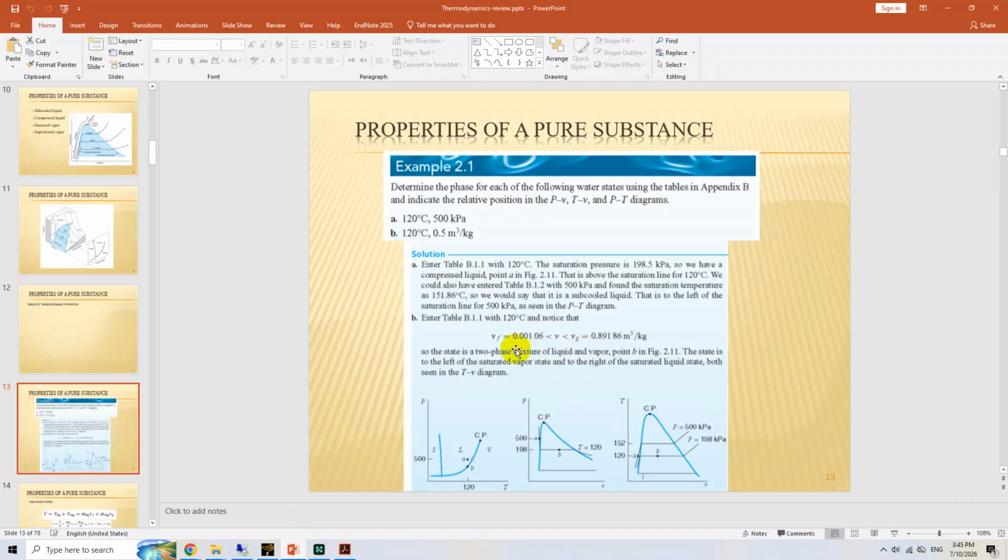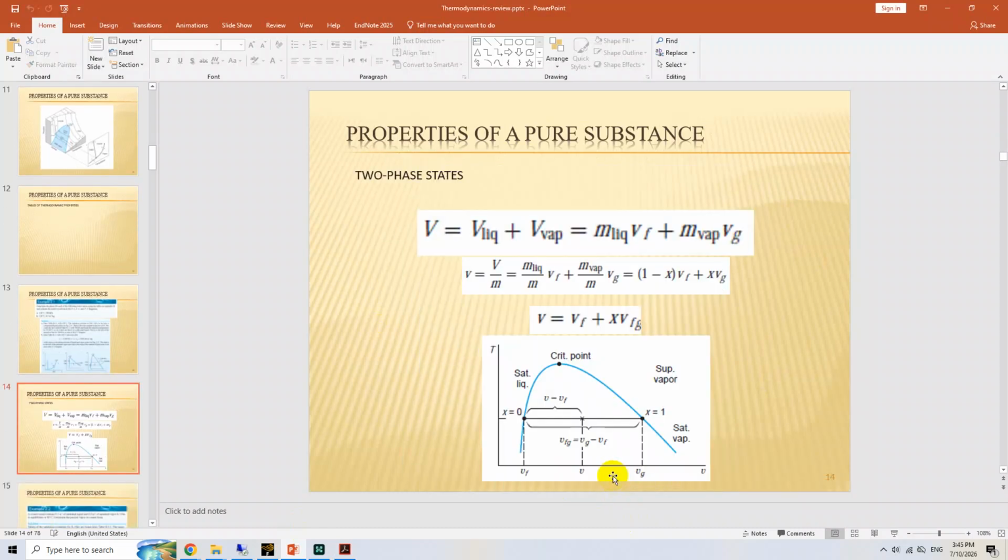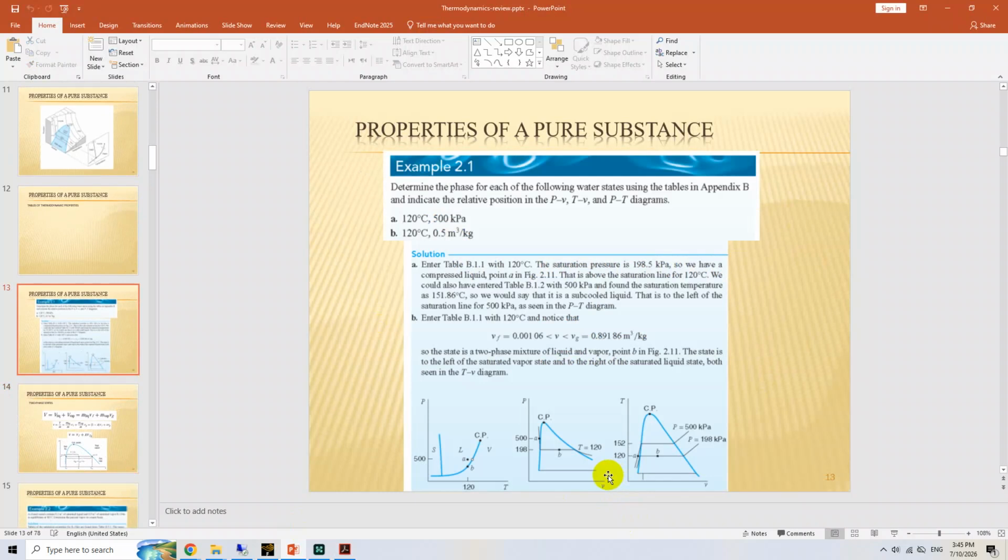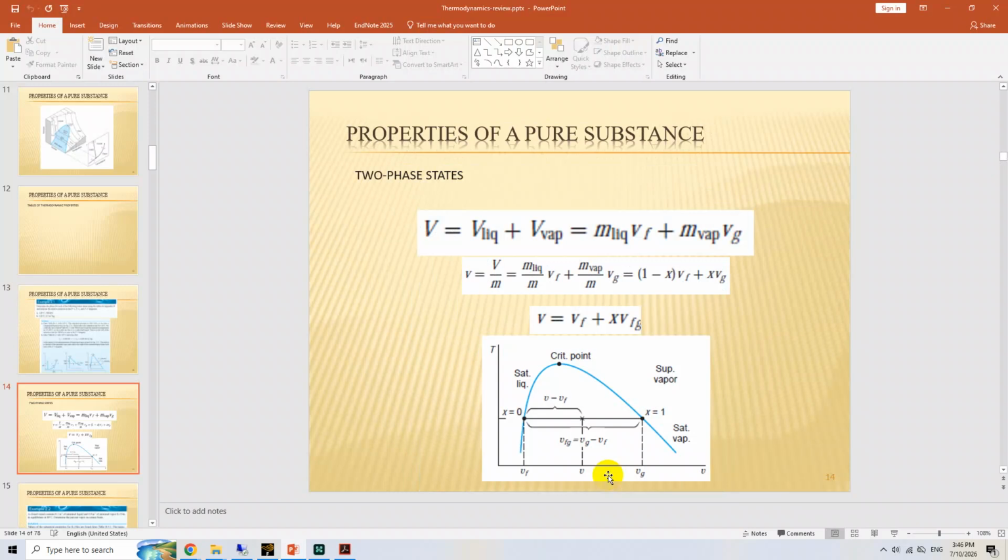The specific volume is between liquid and vapor. In the second picture you can see the water is in vapor and liquid phase, at the saturation temperature. Okay, this is the example and review of the thermodynamics table.